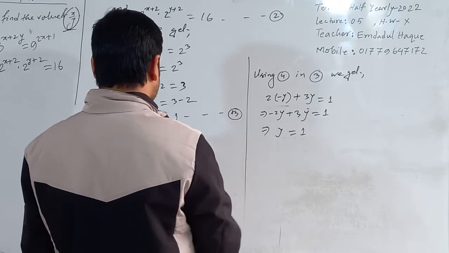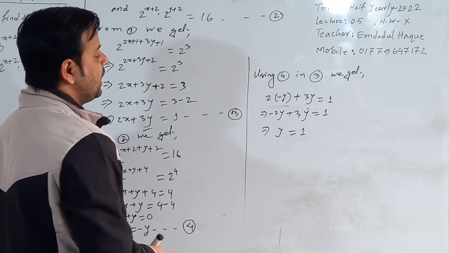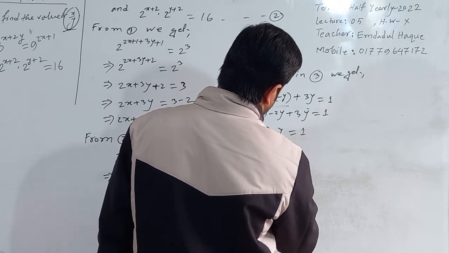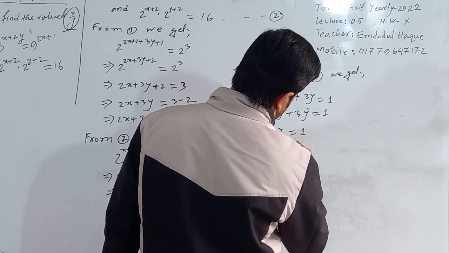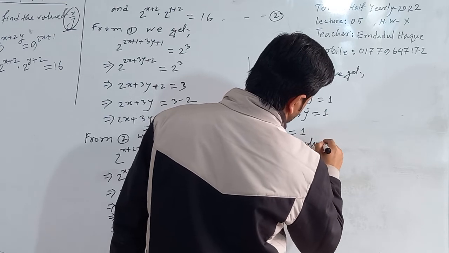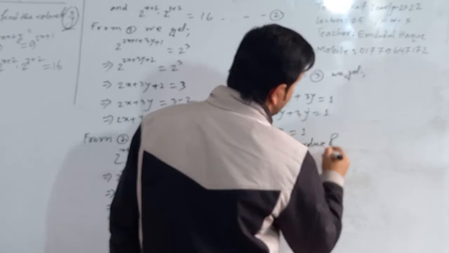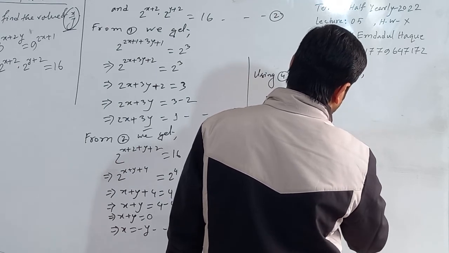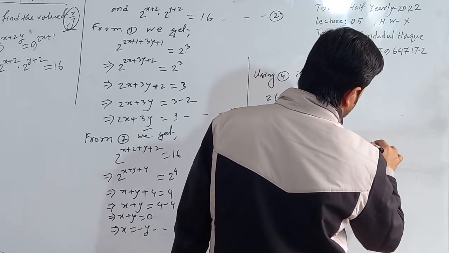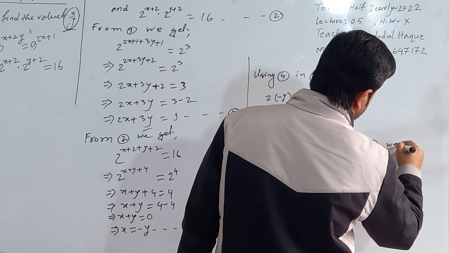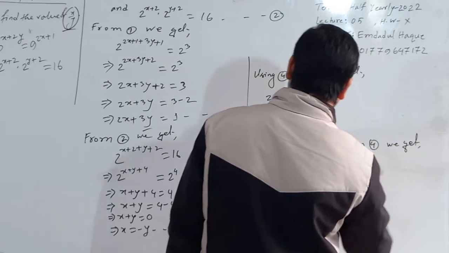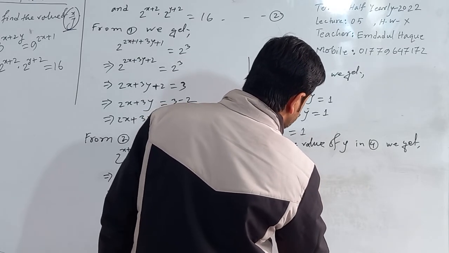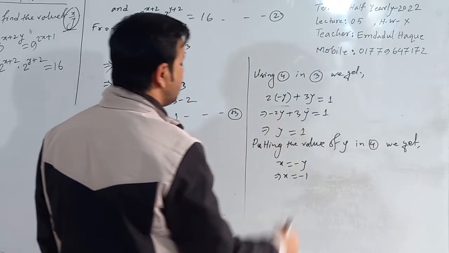Now if we put the value of y in 4, we will get the value of x. So, putting the value of y in 4 we get, what will we get here? x equals minus y implies x equals minus 1, as the value of y is 1.